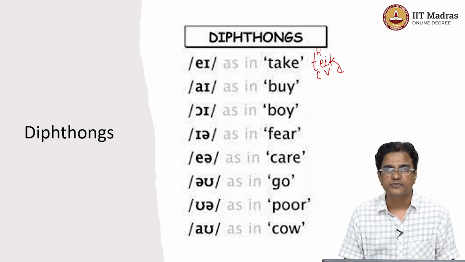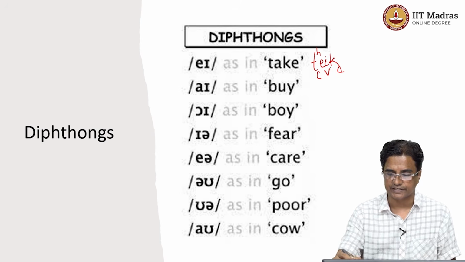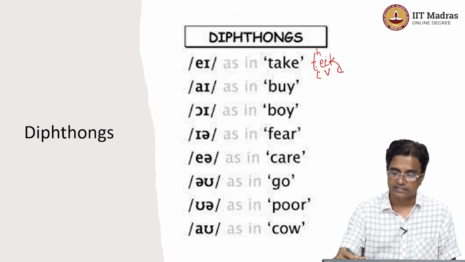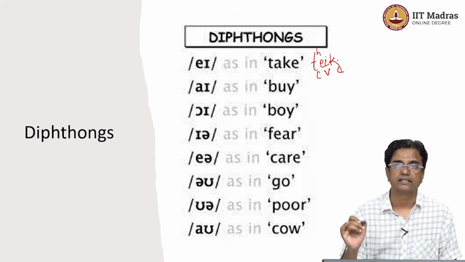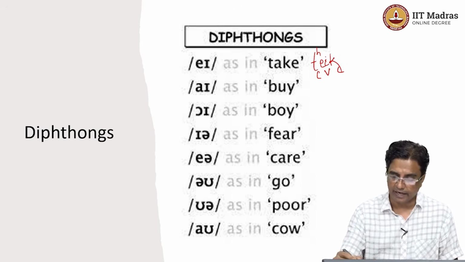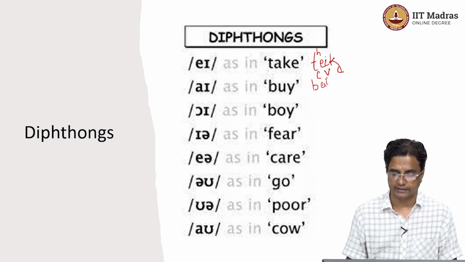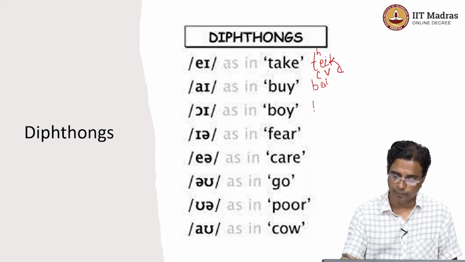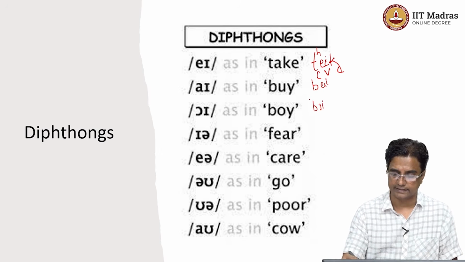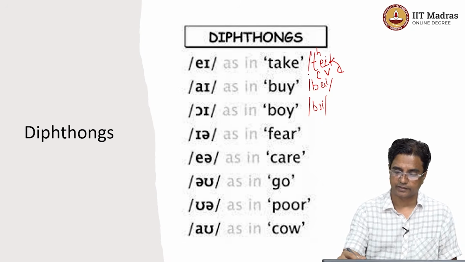So it's pronounced as take. Three sounds in this word: ta, e, and a, and ka. Take. By, you have ba, I. Boy, ba, o, and e. This is the phonetic transcription of boy.